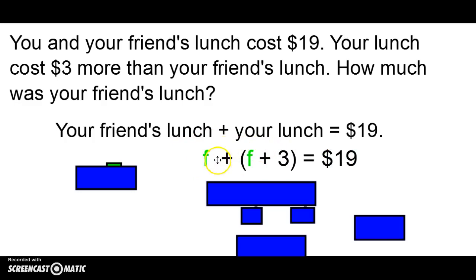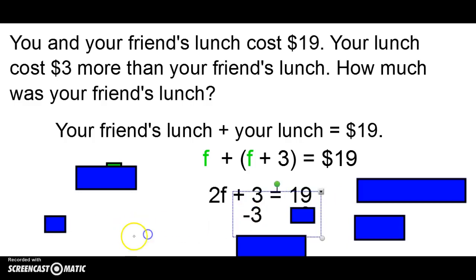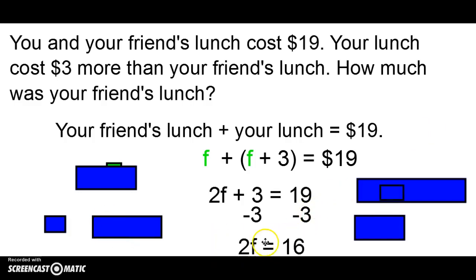Now, because we can rearrange any addition problem, we have 2F plus 3 equals 19. And now it's a two-step equation. Minus 3, minus 3, and so we have 2F equals 16 because you got rid of the 3 on this side. 19 minus 3 is 16.